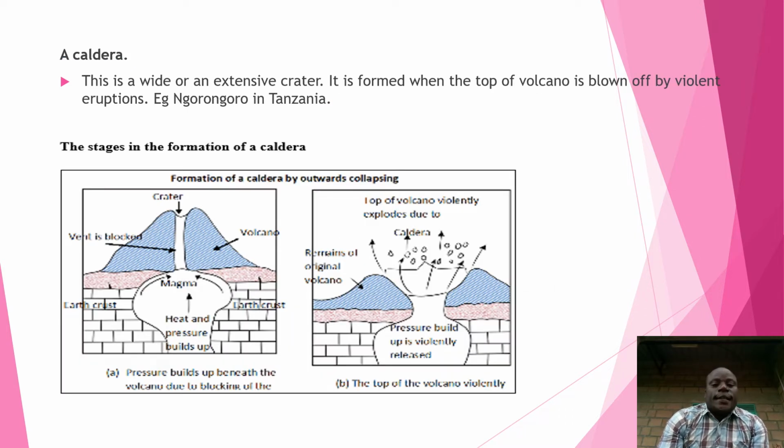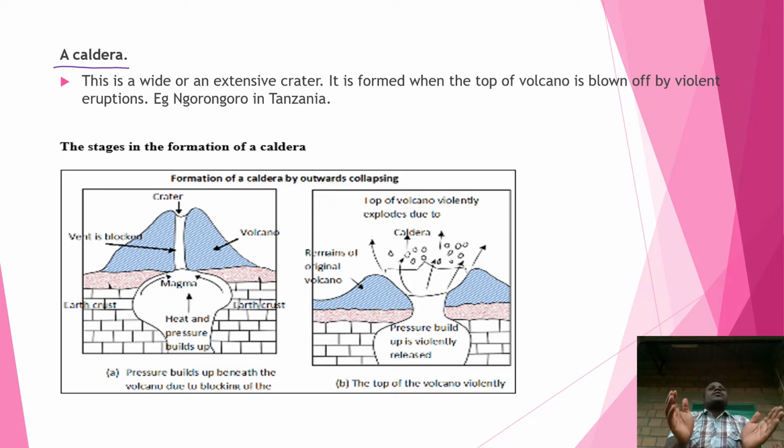A caldera. In simple terms, one can even say a caldera is an extensive crater, because a caldera is an extensive depression formed when the top of the volcano is blown off by violent eruptions.